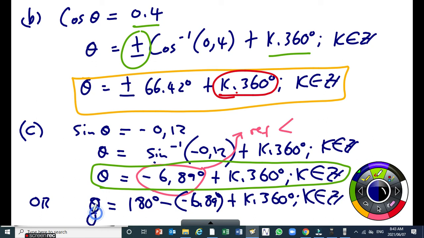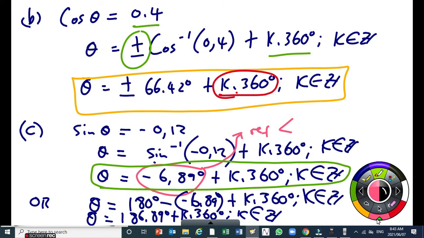Eventually, you just have to add these two because there's a minus here and that minus gives you a plus. So you get 186.89 degrees plus k times 360 degrees, where k is an integer. Then I've got the second one.